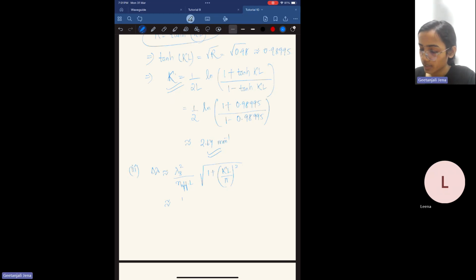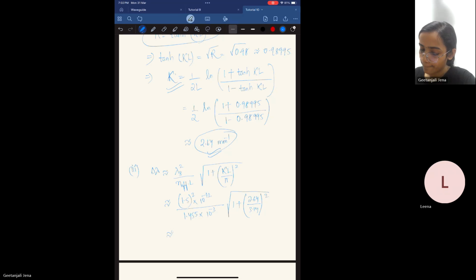So be careful of the units. N effective is 1.455 and L is 1 mm. 1 plus kappa L, because L is 1 mm, will come around 2.64 by 3.14 square.